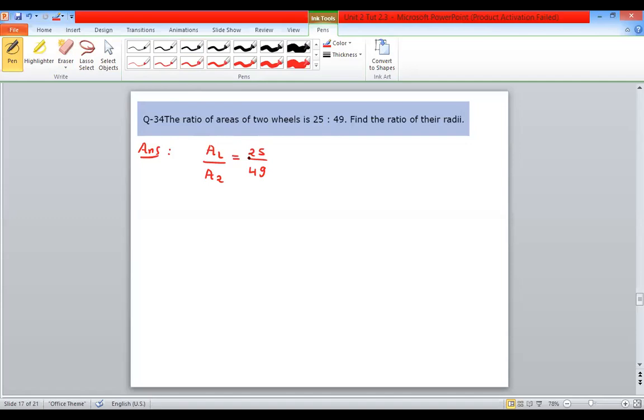And you all know a ratio is also written in fraction form. So the ratio of areas, that means A1:A2 is equal to 25:49.